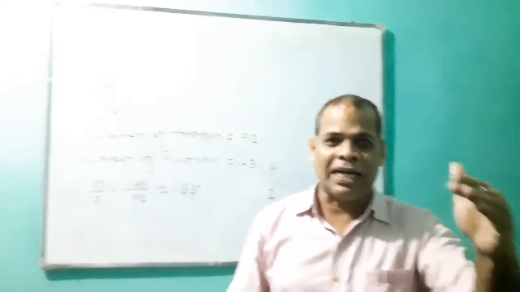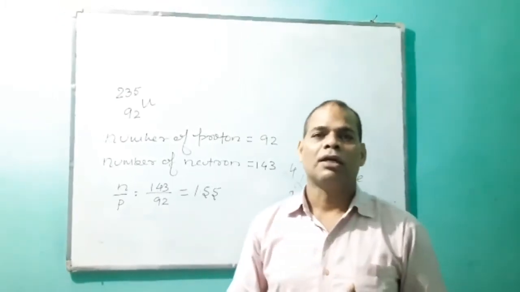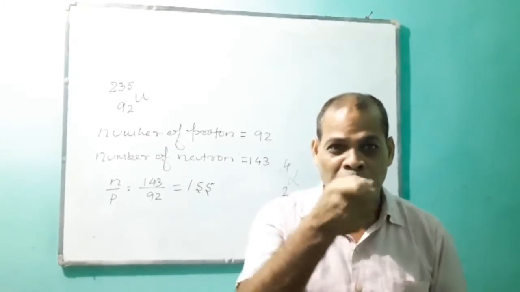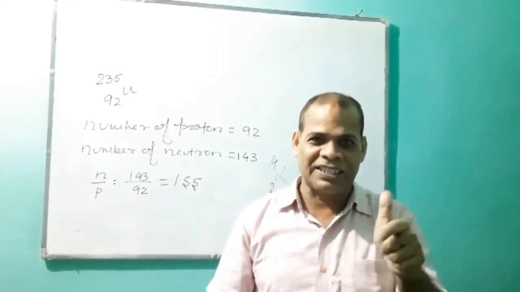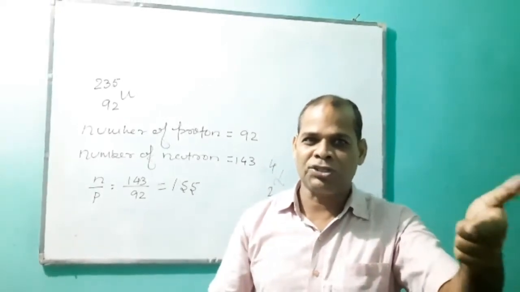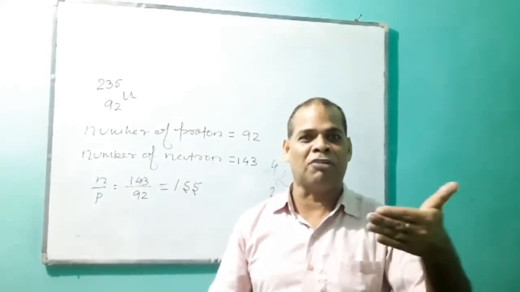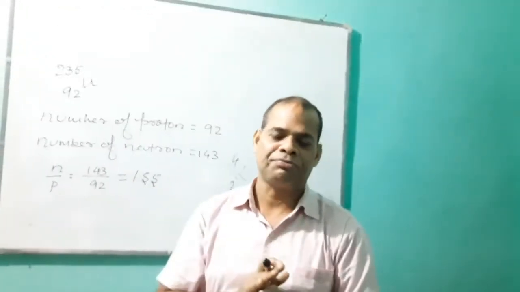At the same time, if you hit the wall with a bullet, what happens? It embeds inside the wall, because the bullet has more penetrating power as compared to the stone.